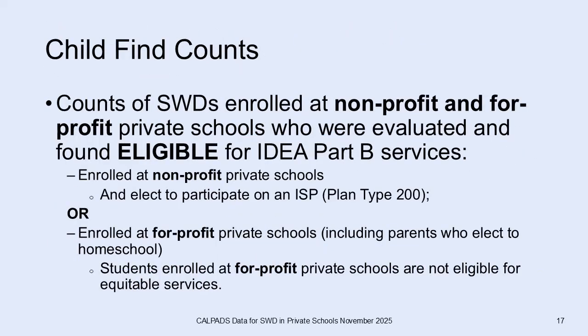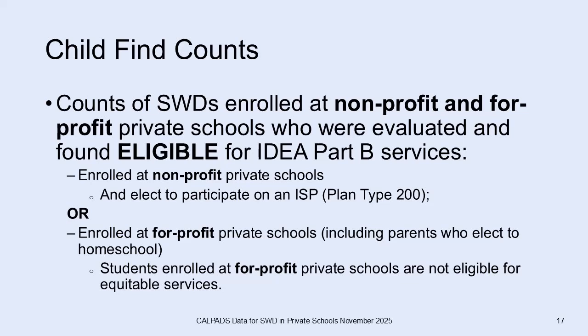All right, so again, CalCounts, you have to submit data to CALPADS for students who were enrolled at nonprofit and for-profit private schools who were evaluated and found eligible for IDEA Part B services. If they're enrolled at a nonprofit private school and they elect to participate on an ISP, you want to report those records.